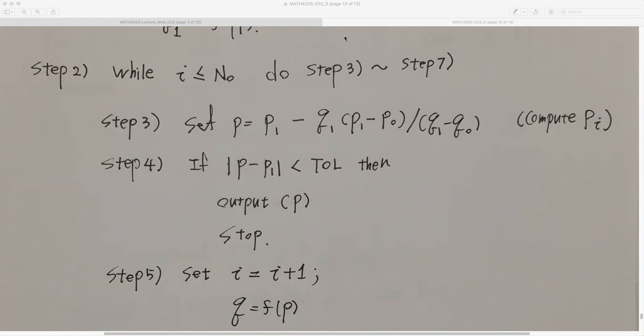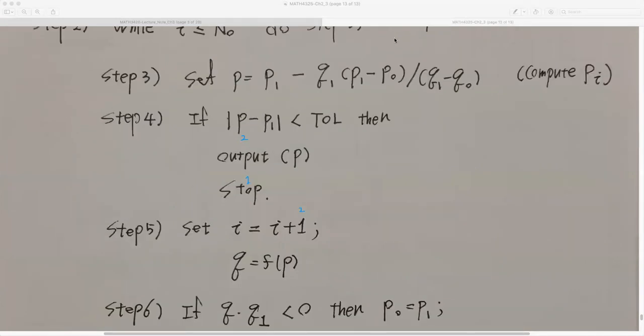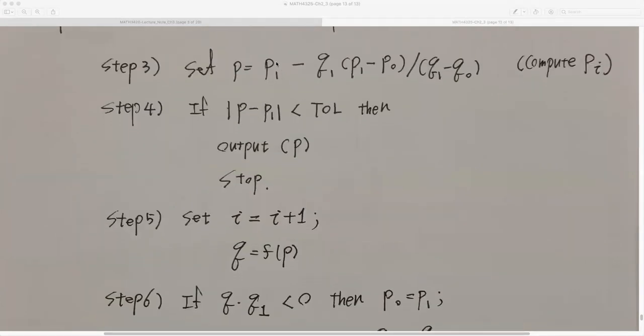That's actually P2 in the first iteration when i equals 1. In step 3, we calculate P2. If P2 minus P1 is less than tolerance, output P2.